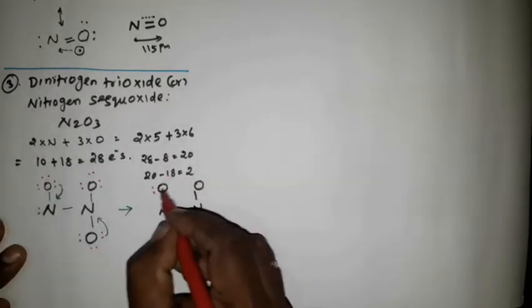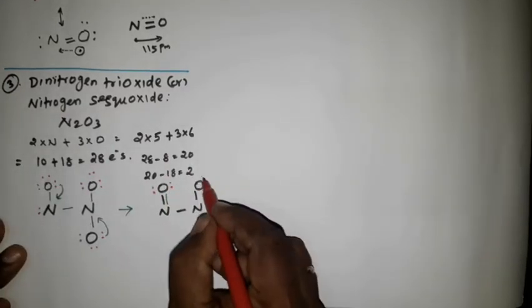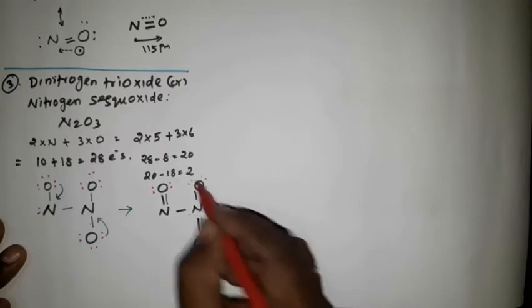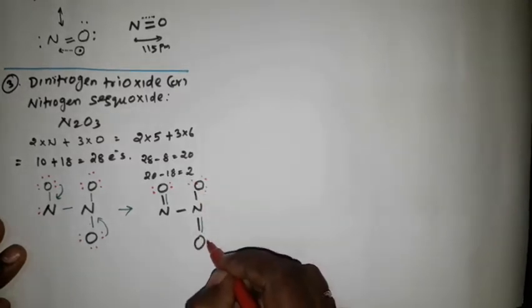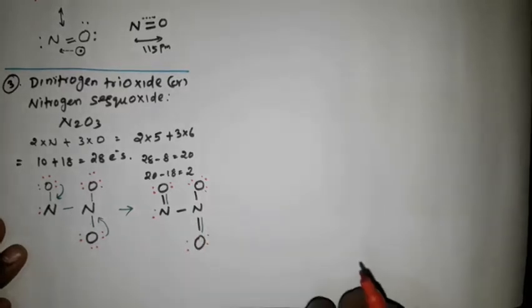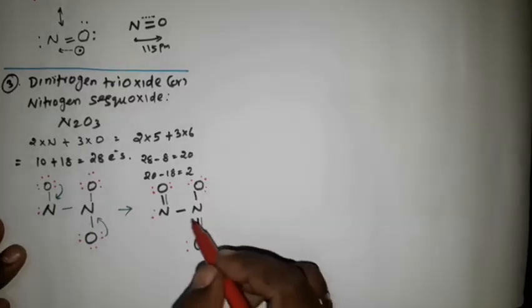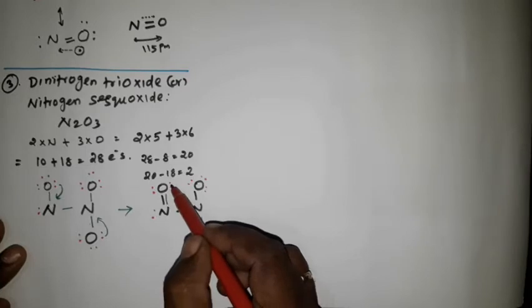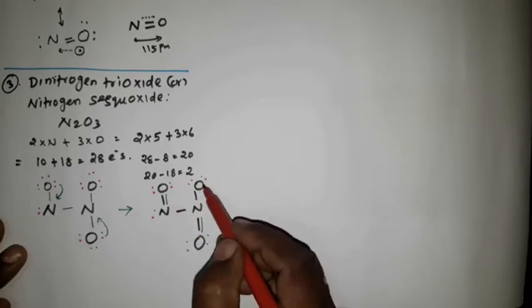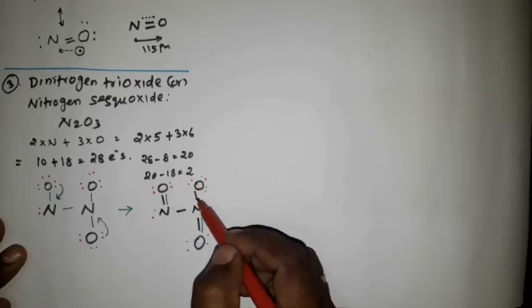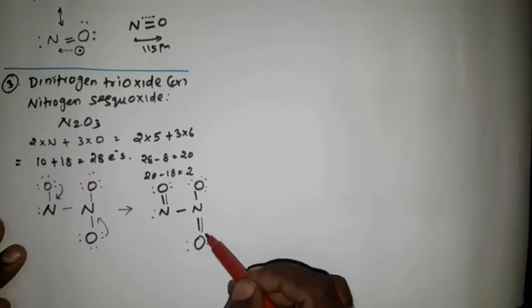Okay. Now write the remaining electrons 2, 4, 6, then here 2, 4, then here 2 electrons. Now check the octet for this oxygen: 4, 4, 8 electrons, here 6 plus 2, 8 electrons, here 4, 4, 8 electrons.